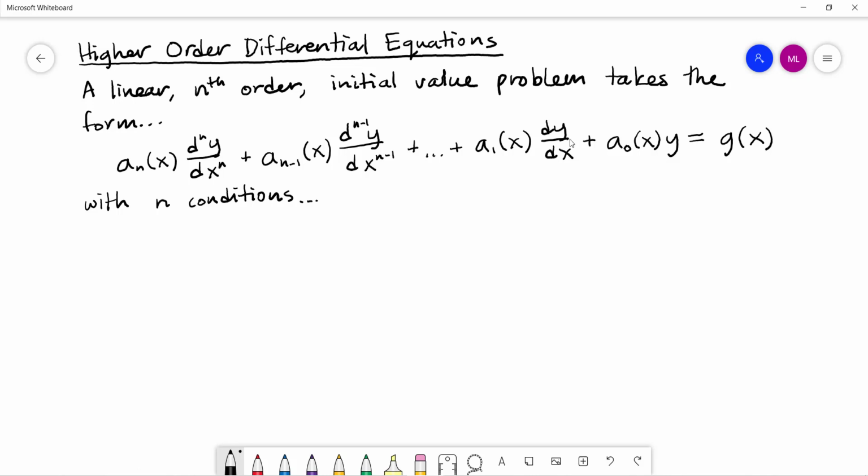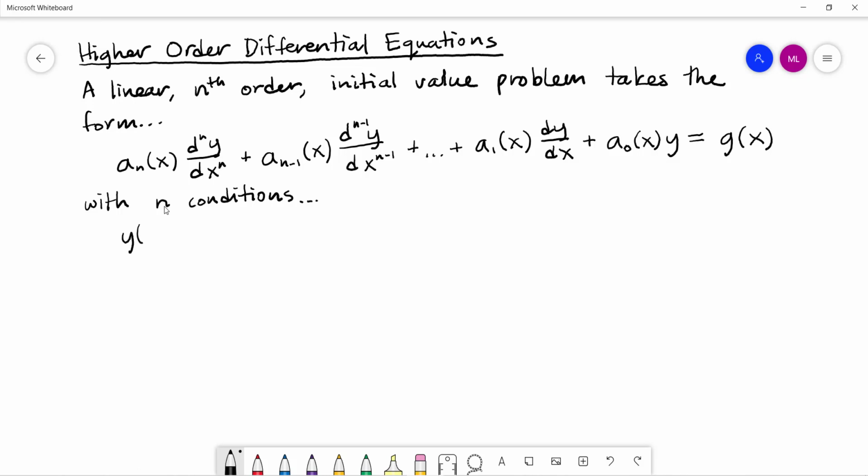Every time we integrate, we'll introduce one constant of integration, and we will require one initial condition in order to solve for that particular value of c. But in an nth order differential equation, we're going to have to undo n derivatives, meaning we're going to have to integrate n times. And each one of those integrations will introduce a new constant of integration. And each one of those constants of integration will require a separate initial condition in order to solve for that value.